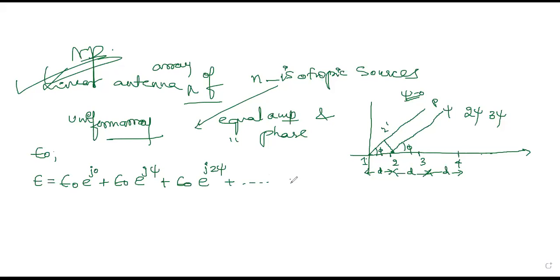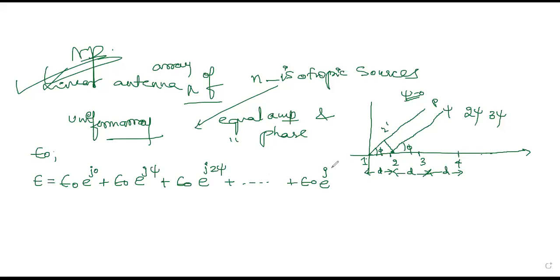What will be the last, nth source equation? E0 e to the power j n xi, or n minus 1 xi? See, the first pattern, you have j0. It's not j xi like you considered here.